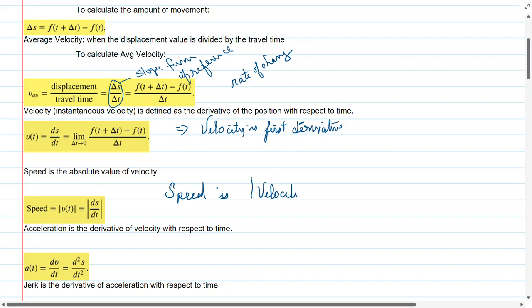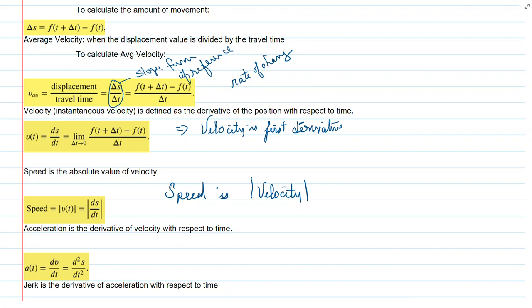That's how I'm going to write it, the absolute value of the first derivative. It's the first derivative, but we take the absolute value. Well, you're going to ask me, what if the velocity was positive to begin with? We weren't going backwards. Then it is also the speed. Well, what if it's negative because we're going backwards? Then it would be the absolute value of that negative value.